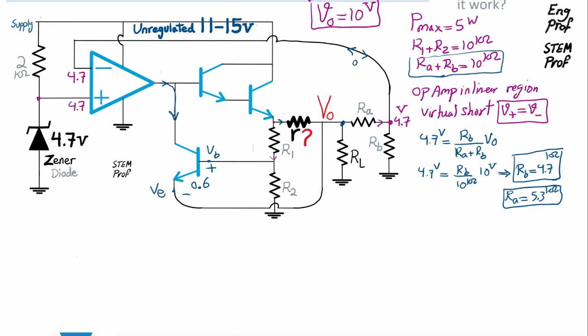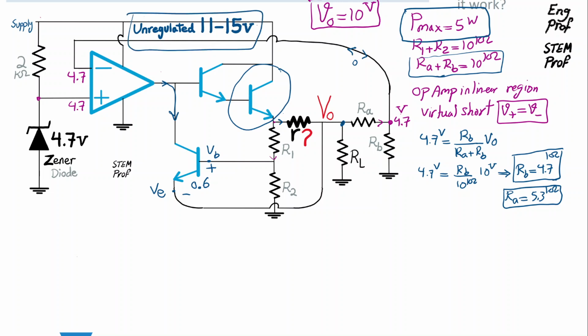So to find the right value for these, we need to rely on the fact that the maximum target power consumption for the Darlington, and especially this transistor, which is the major power transistor here, is going to be 5 watt. So in the worst case scenario, given the unregulated supply, the maximum value of the unregulated supply is 15 volt.